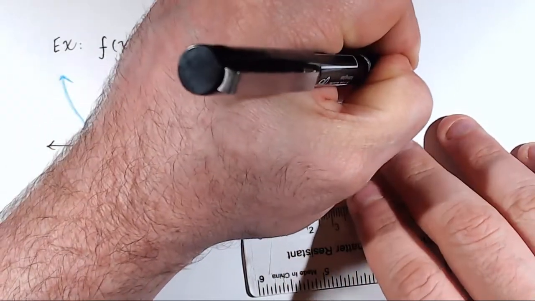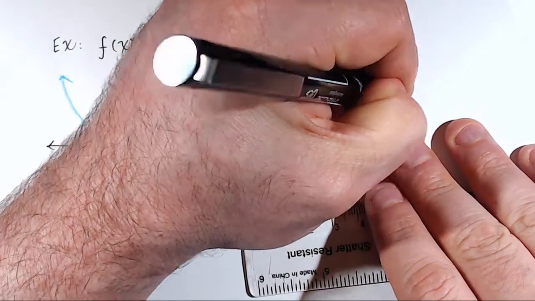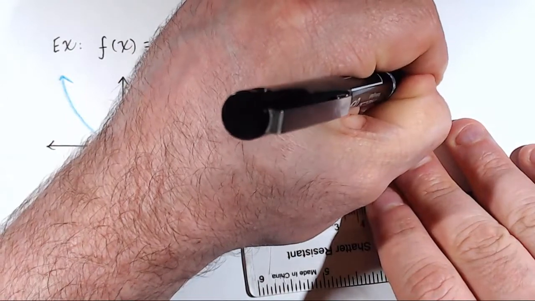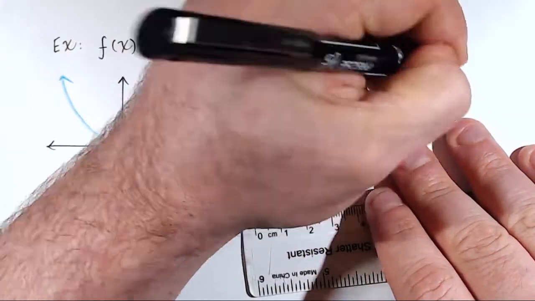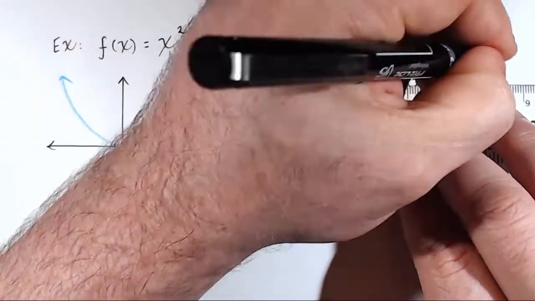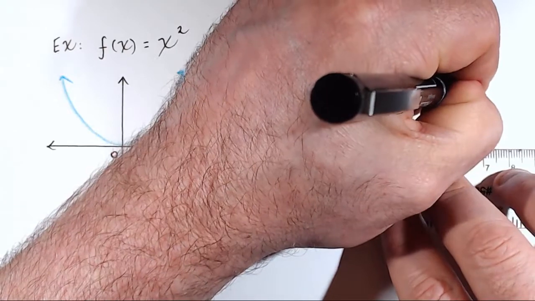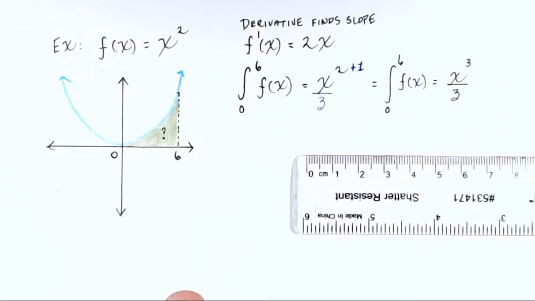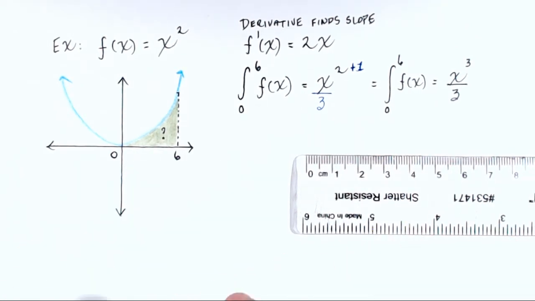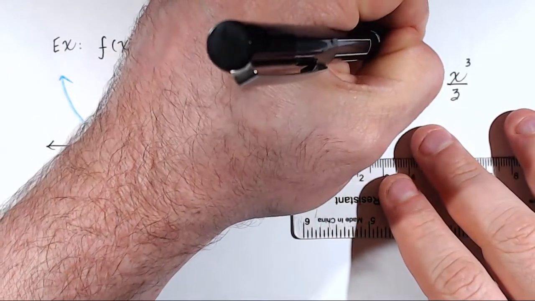So the integral from 0 to 6 of f of x is equal to x cubed over 3. And if that's a little bit confusing to you, let me show you how you can get back from your integral to your original function. Integrals and derivatives are, this is called the integral.